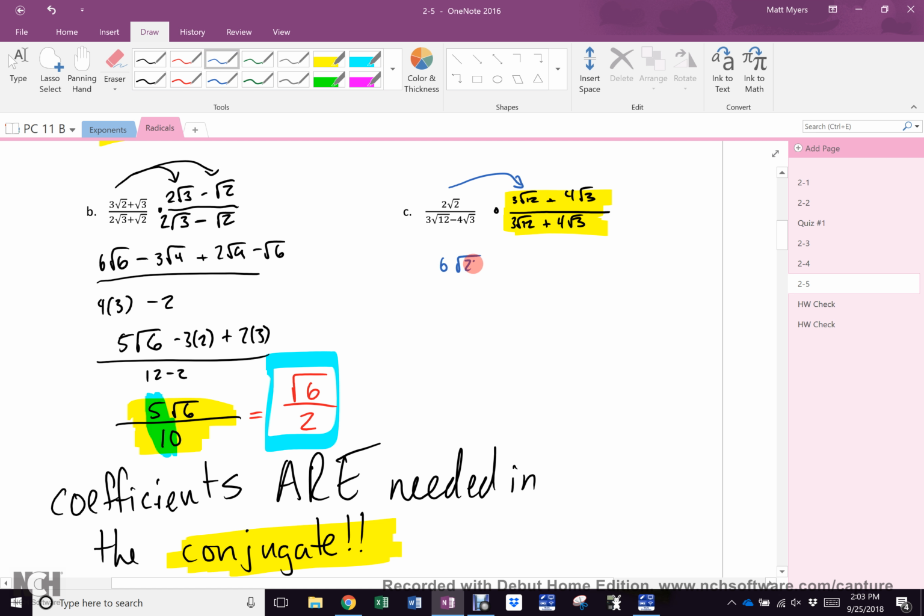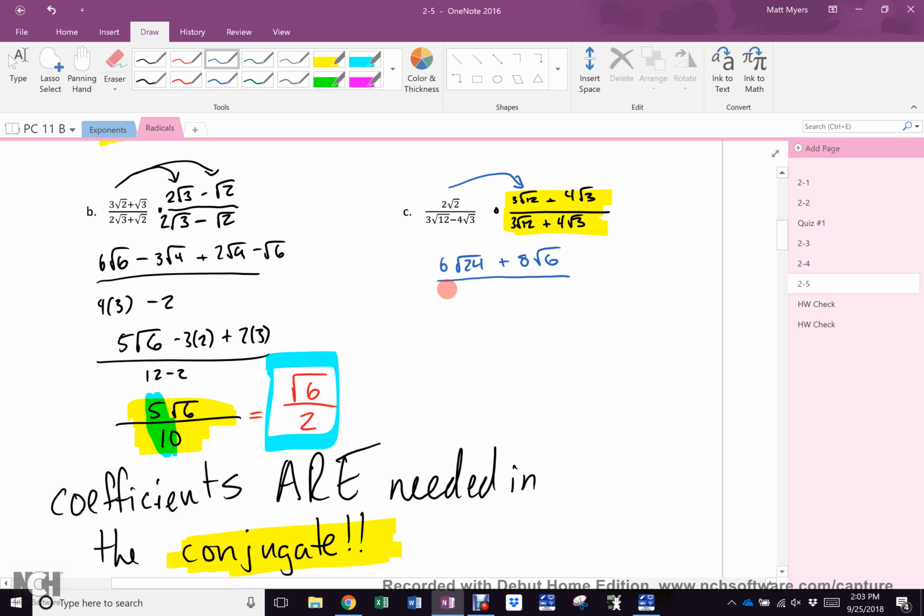6 root 24 plus 8 root 6. Yeah? Should I keep going or should I go to the denominator now? What works better for you people? Do the denominator now?